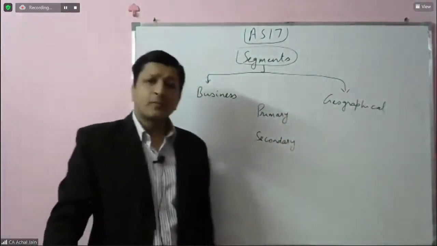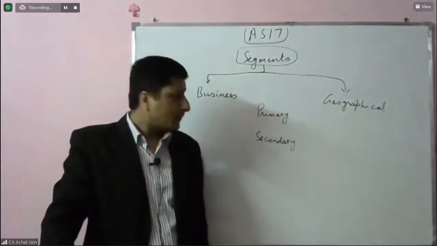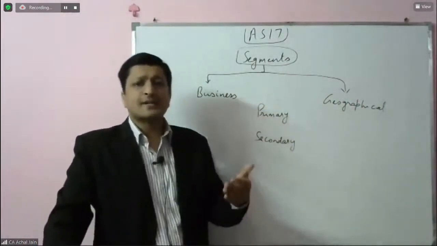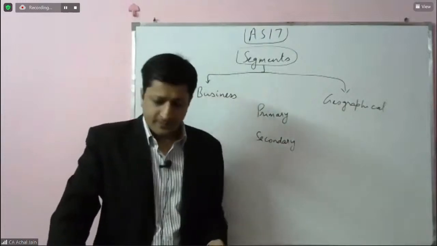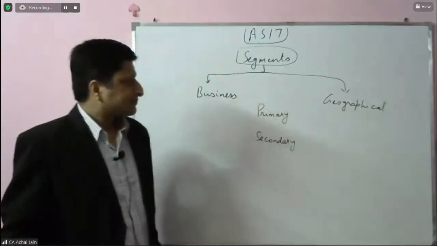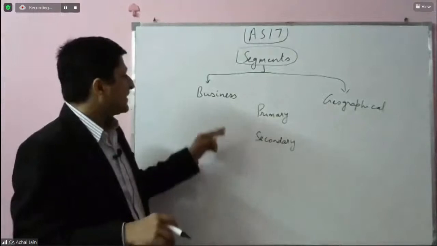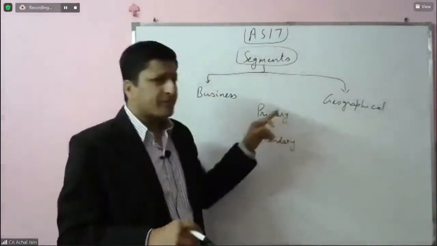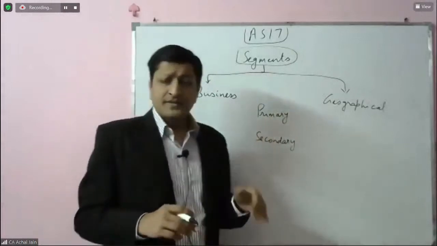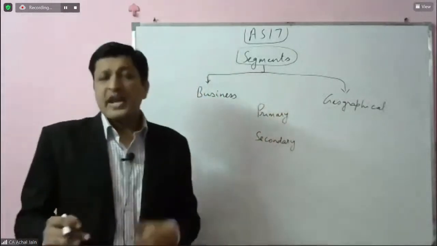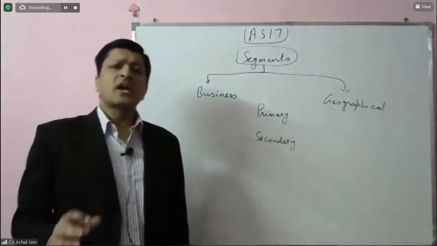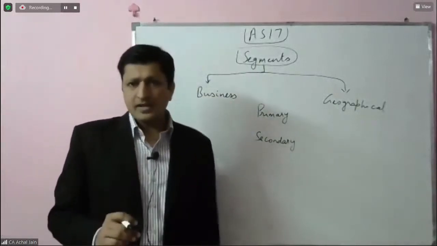Disclosures are required to be given for both, but the disclosures for the primary segment are more as compared to the secondary segment. Secondly, it is not necessary that the business segment will become primary or the geographical segment will become primary. This is something we need to assess, and it is assessed by the management, for which again guidance is available in the standard.